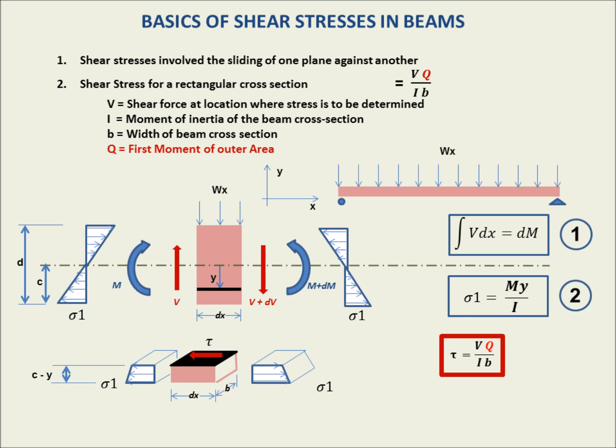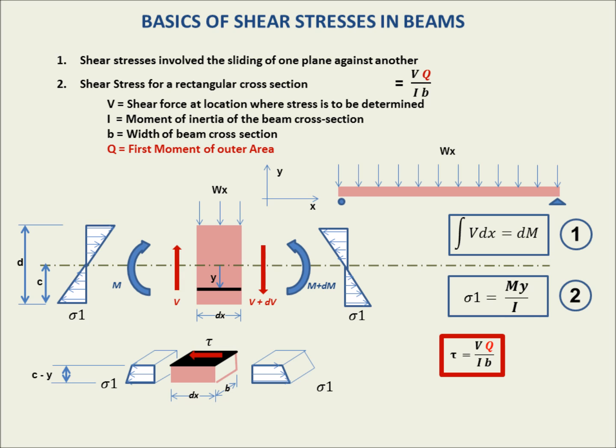So again, what have we done? We have looked at the concept of shearing, came up with a direct intuition of shearing a bolt or using shearing scissors. We looked at how this involves the sliding of one plane against another, and how this sliding is introduced in beams.